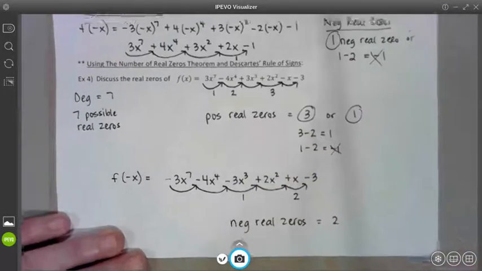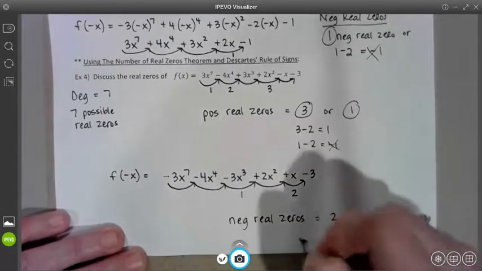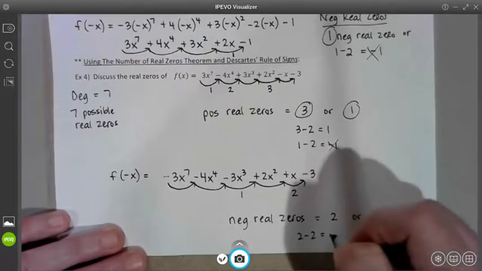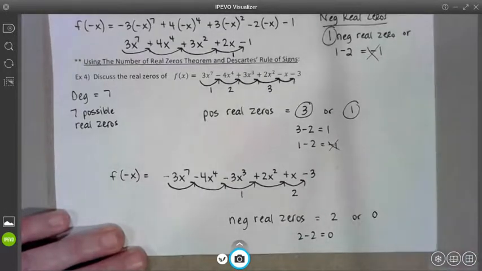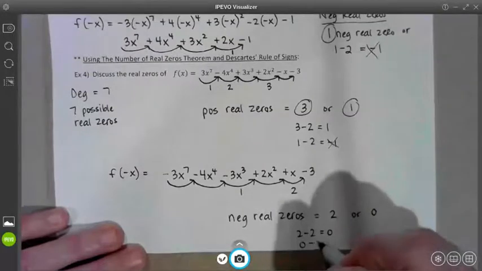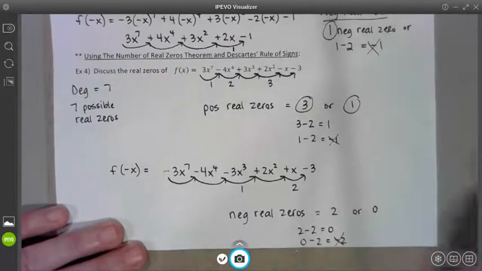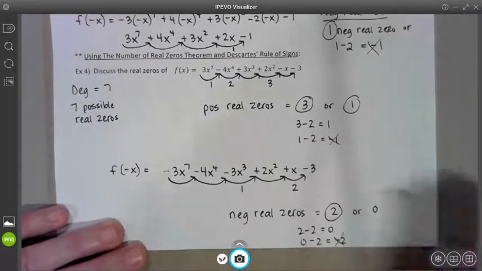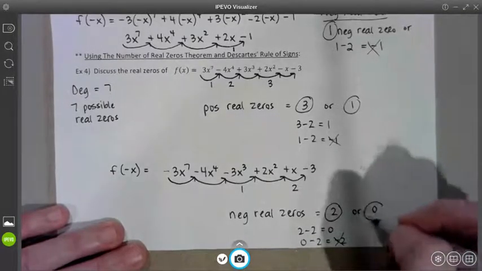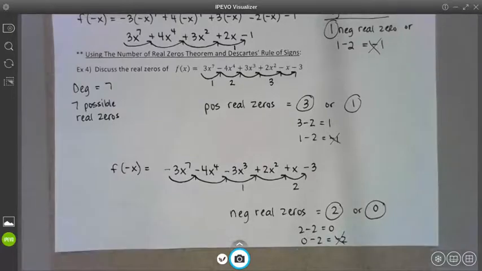There were 2 sign changes. Or take 2, subtract 2 from it, I get 0, so or none. All right, take 0, subtract 2, I get negative 2, which is a negative number, so stop. So there will either be 2 negative real zeros or no negative real zeros in the 7 possible real zeros of this polynomial function.